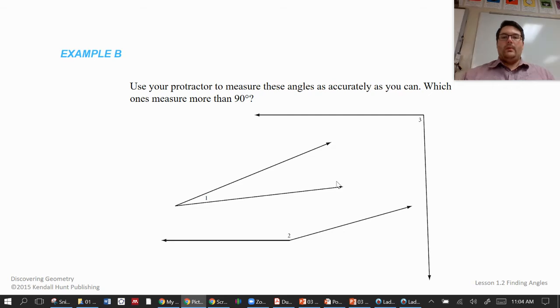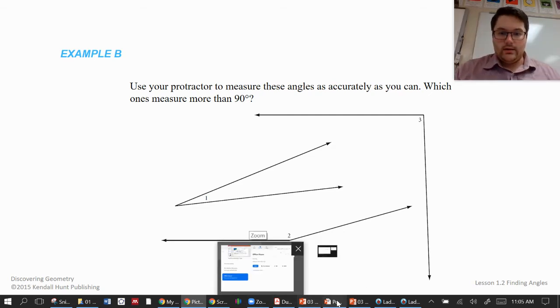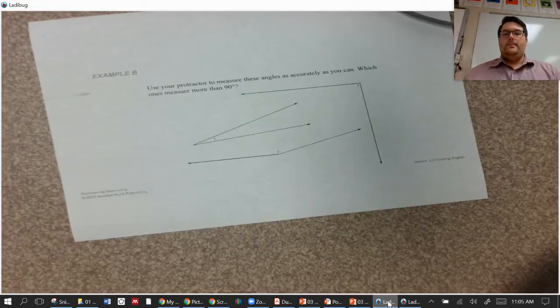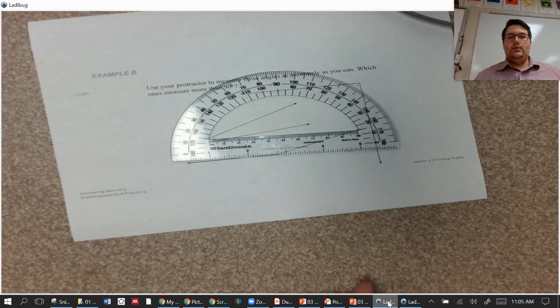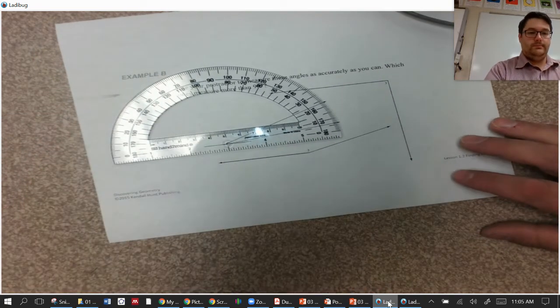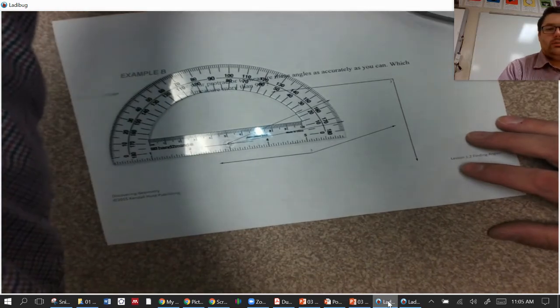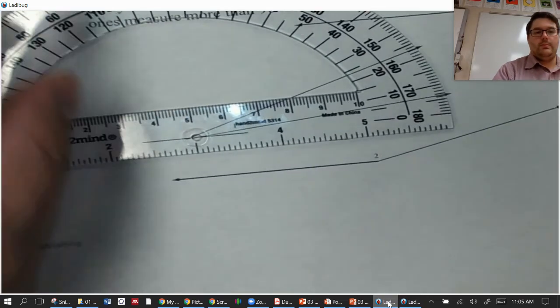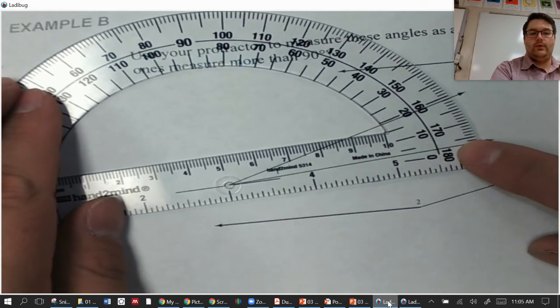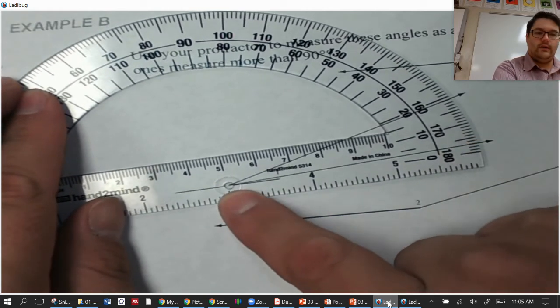Okay, I'm going to switch over here so we can see the protractor. Hopefully you can see that. We'll start with angle 1. Let's zoom in a little bit. The first step, remember, was to line up your vertex with the mark on your protractor right there.